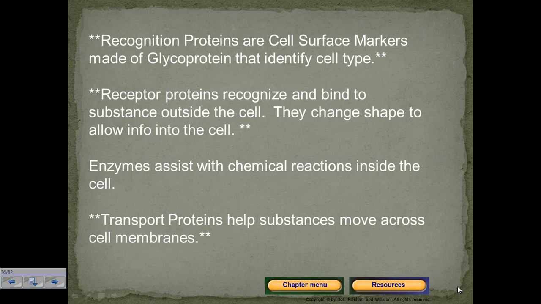Those receptor proteins are the ones that are going to talk to other cells. They're going to recognize and bind to certain substances outside the cell. They're your talkers. They may say, "Hey, we need some more glucose in here," or something like that.